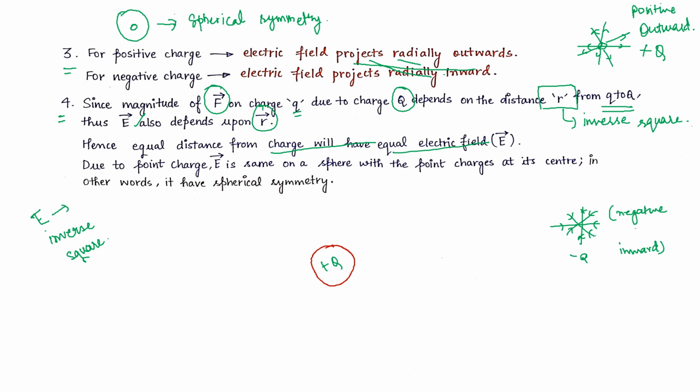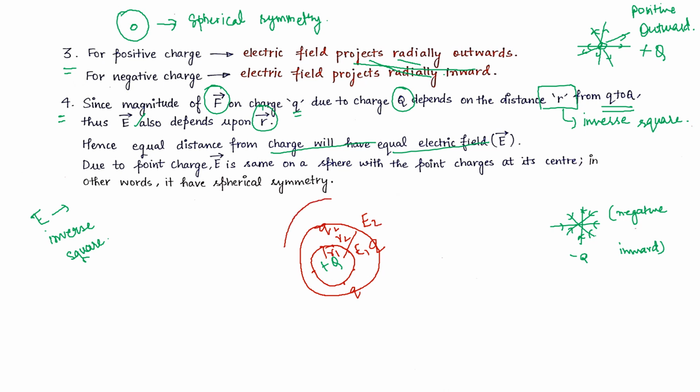If our charge is placed anywhere here, with this radius R1, it will feel an electric field of E1. But there is another circular thing, with this radius R2. If our charge is placed somewhere here, it will face an electric field of E2.